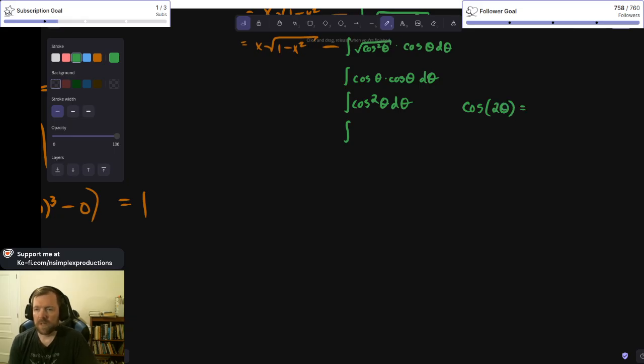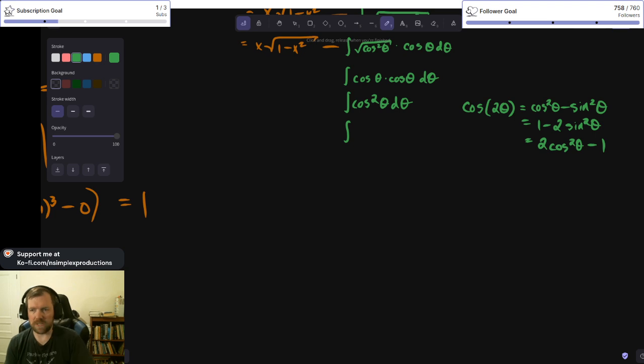So cosine of 2 theta is going to be cosine squared theta minus sine squared theta, or 1 minus 2 sine squared theta, or 2 cosine squared theta minus 1.